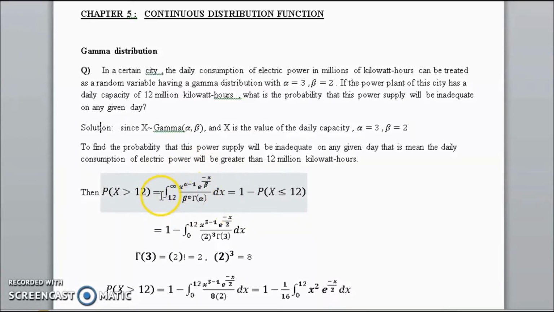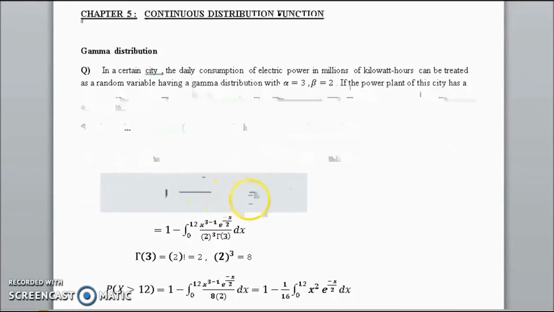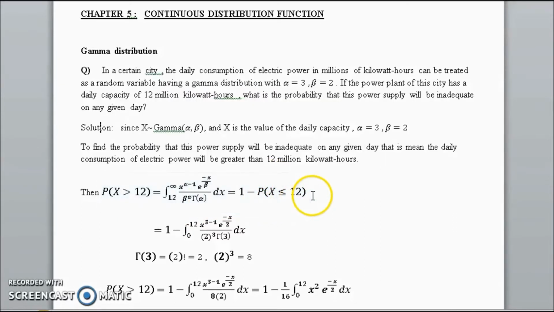Then the integration from 12 to infinity of the gamma distribution equals 1 minus the probability of x less than or equal to 12. Then equals 1 minus the integration from 0 to 12, where we substitute in the gamma function the values of alpha and beta: x power 3 minus 1 times e to the minus x over 2, over 2 power 3 gamma of 3, dx.